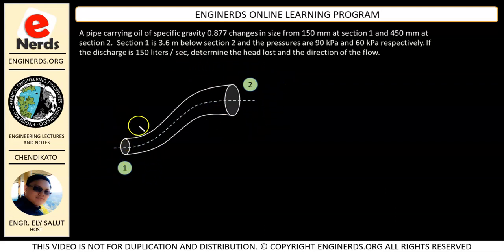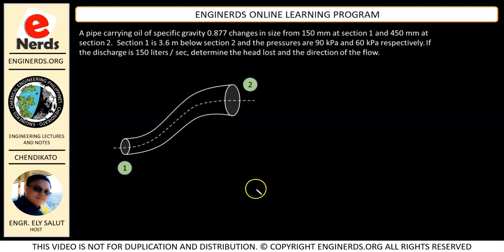As you can see, the diameter of our pipe has increased from section 1 going to section 2. Section 1 is 3.6 meters below section 2. And the pressures are 90 kilopascal and 60 kilopascal respectively. If the discharge is 150 liters per second, determine the head loss and the direction of the flow.